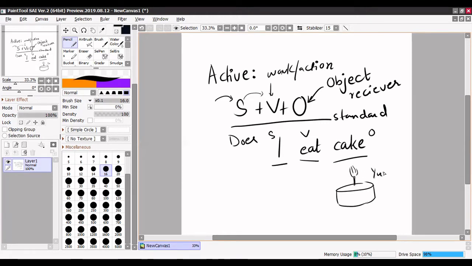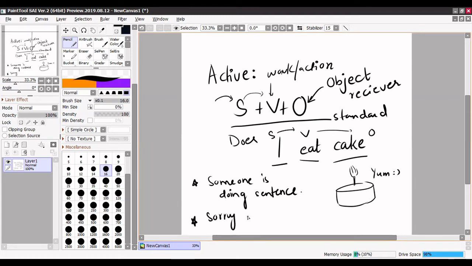Basically, it's called active because in this sentence structure, someone is performing something. It's like the verb is dominating the entire sentence. This means that usually when you want to denote that something is happening or something happened, and your focus is upon the person that did the action, then you will use active voice.